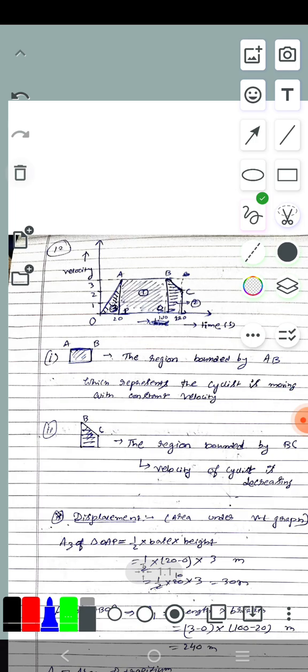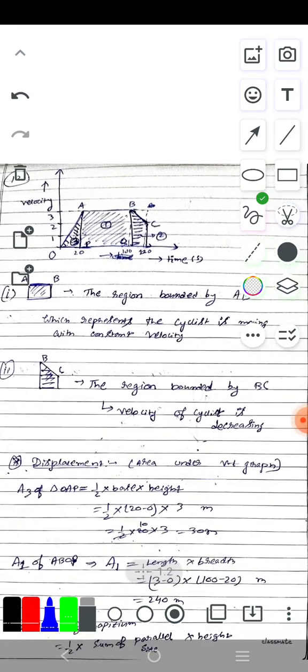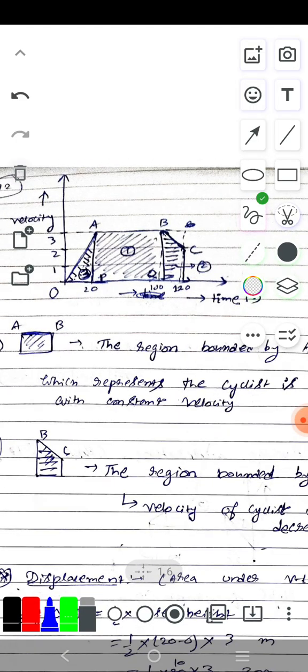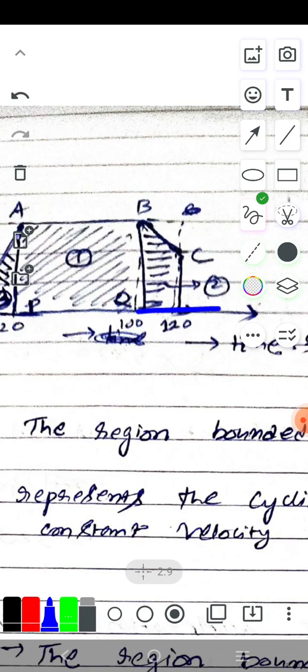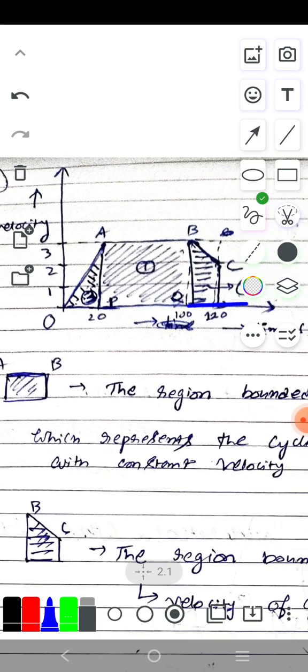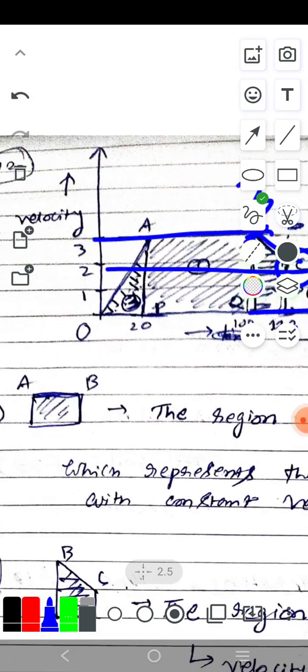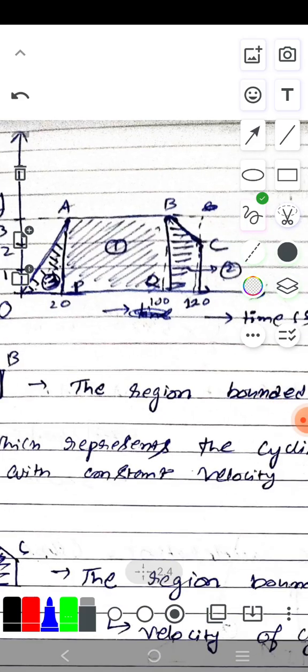Another question they are asking is the cyclist moving with decreasing velocity. In this portion, from 100 to 120 second, velocity is decreasing from 3 to 2. At 100 second the velocity is 3, and at 120 second the velocity is 2. You just observe the graph carefully.